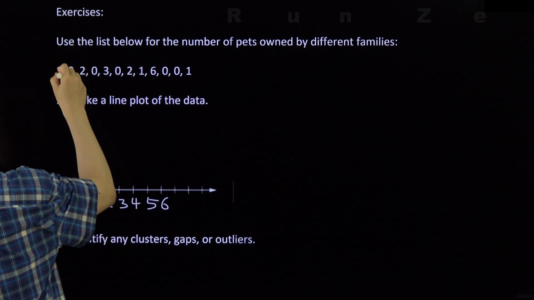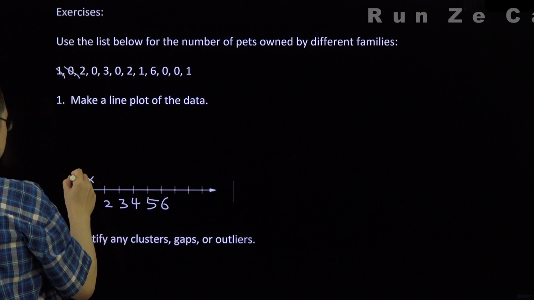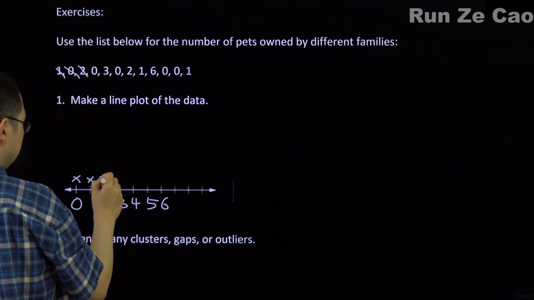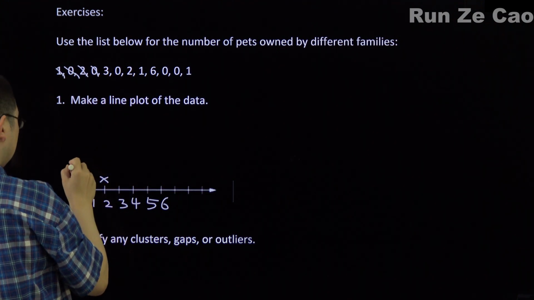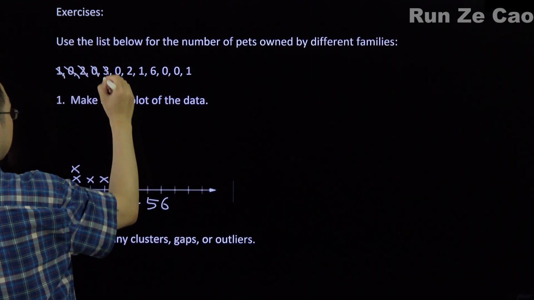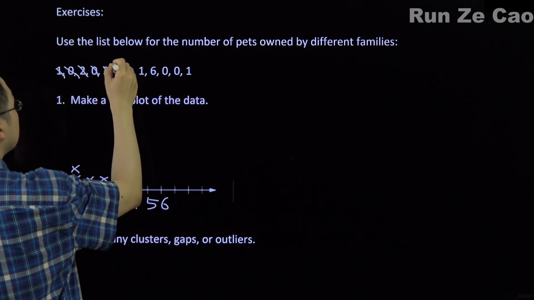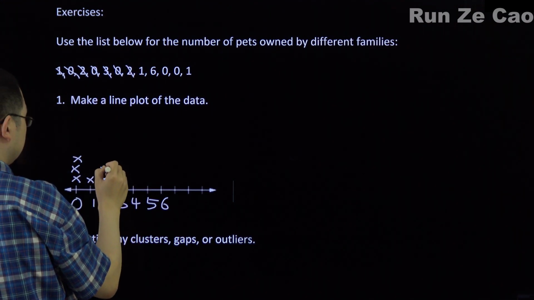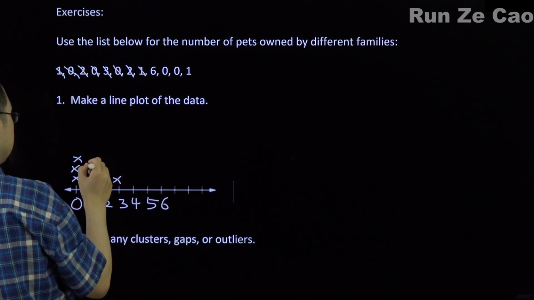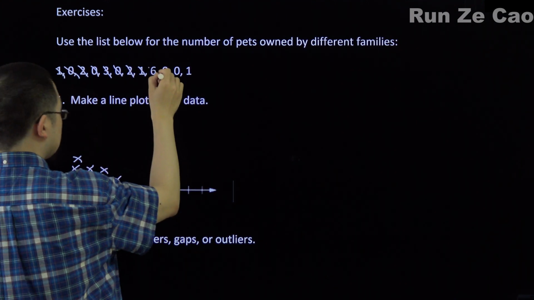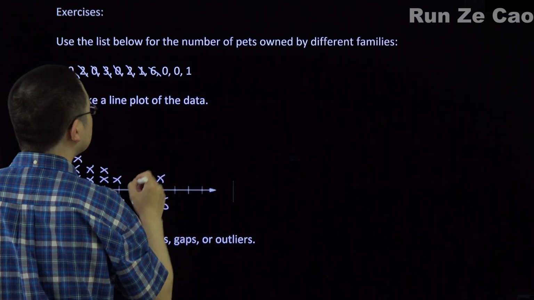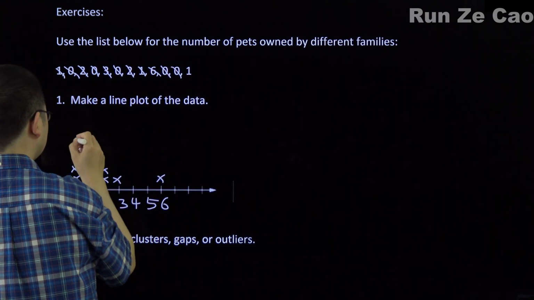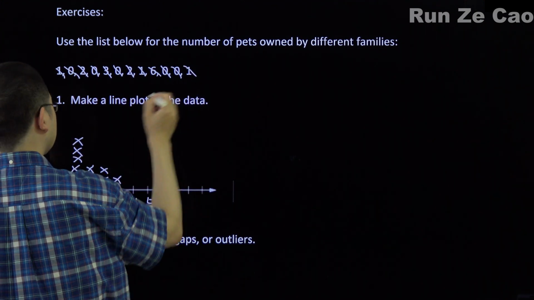Okay, 1, cross that out. 0, we make a mark and we cross that out. 2, we mark that. 0 again. 3, 0 again. 2, 1, 6, 0, 0, and 1.